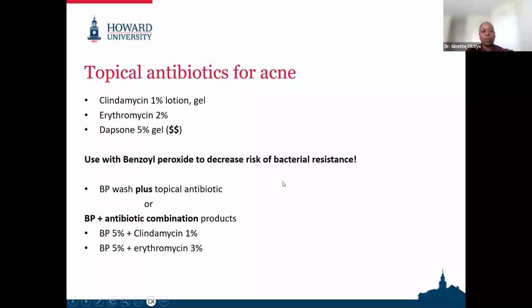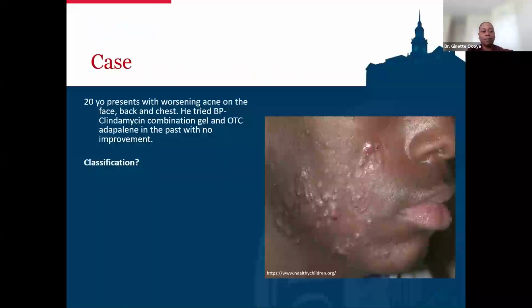Again, use those topical antibiotics with benzoyl peroxide. Otherwise, you will breed clindamycin resistance. And I mentioned already that benzoyl peroxide is sometimes combined with these antibiotics for a nice elegant 1-2 punch. And if your patient can get this, I think this is a great way to help adherence.